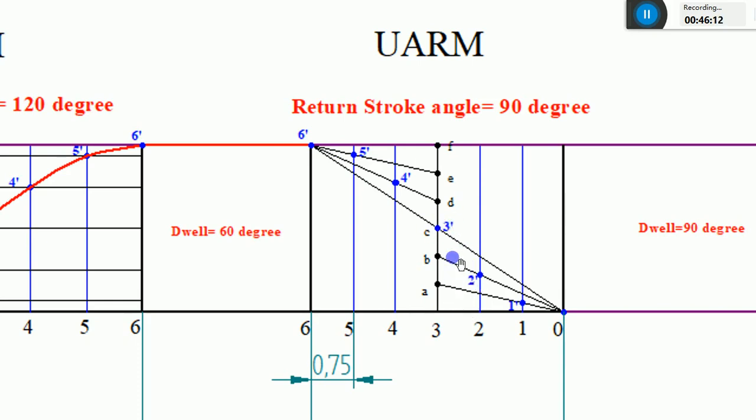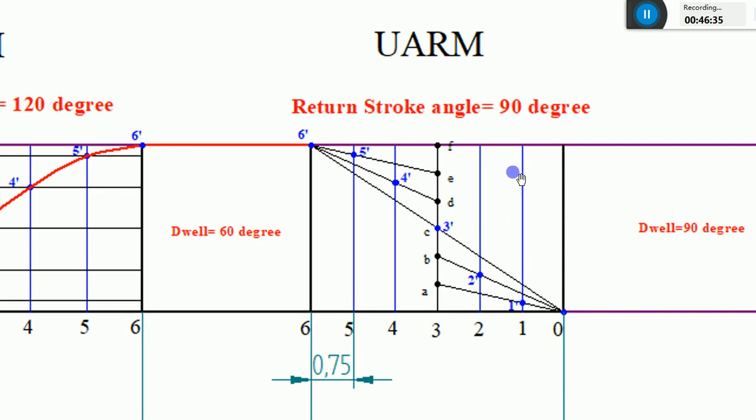Again, I'll take this inclined line which has started from point B. It will intersect the second vertical line at this point. Just observe this. This is the second vertical line, and this is the inclined line, and it will intersect at this point. So I'll indicate it as 2 dash.